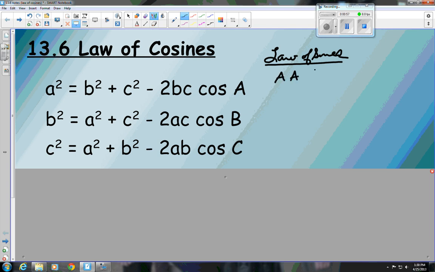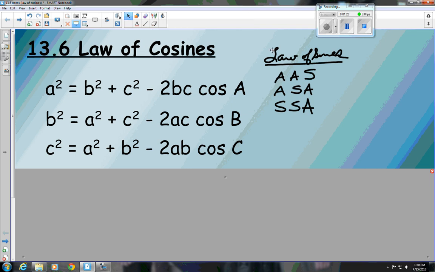Yep. You know 2 angles and the side that's not between them. I can know 2 angles and the side that is between them. So if I know 2 angles and a side, I'm going to use law of sines. That's what you're going to do. What's the other way? Side, side, angle. If I know 2 sides and an angle not between them, I use the law of sines.